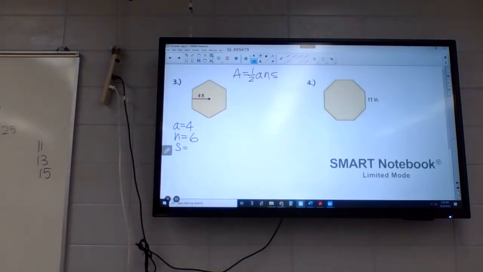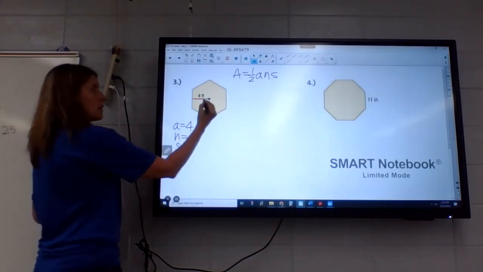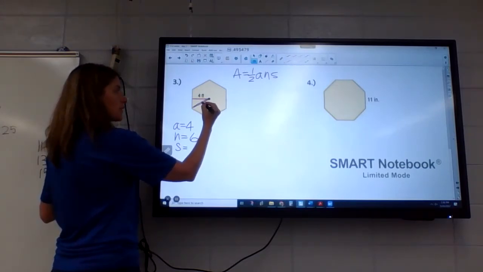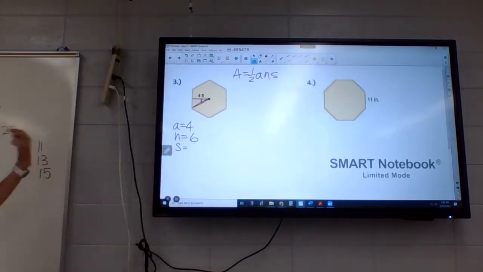Now, in order to find the side length, when I only know that smaller amount of information, I have to use my central angle. And remembering that when I'm figuring out this angle, it's always going to be half of the whole central angle.